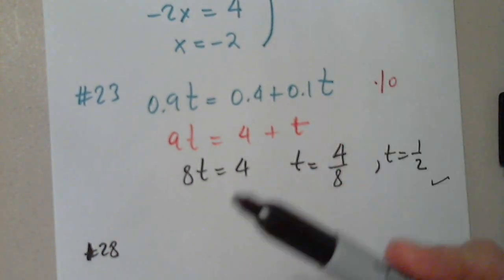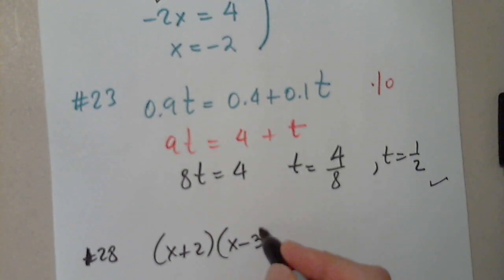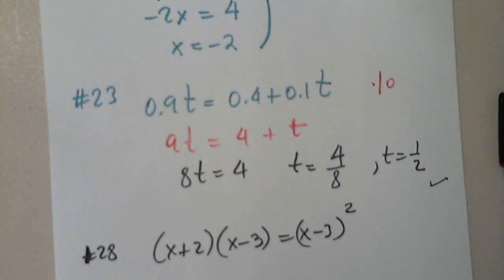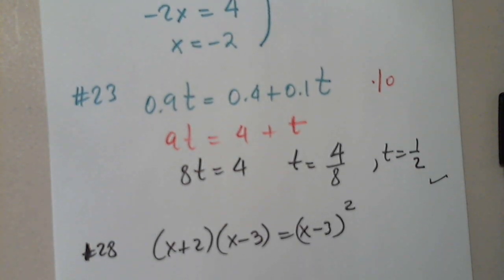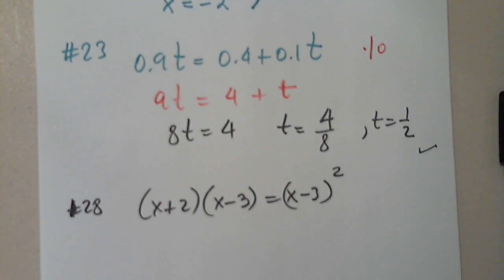It's a linear equation. So we have (x plus 2)(x minus 3) equals (x minus 3) squared. Any suggestions on this problem? First of all, you can say, but this is not linear. At this stage, it's not. I agree.